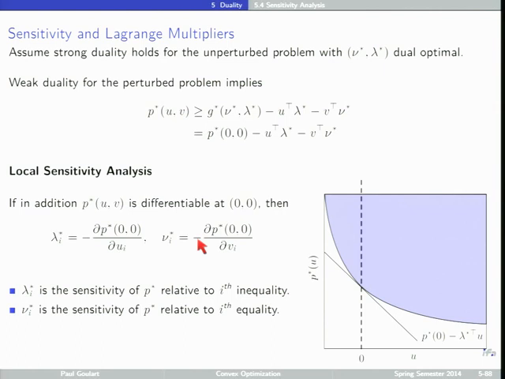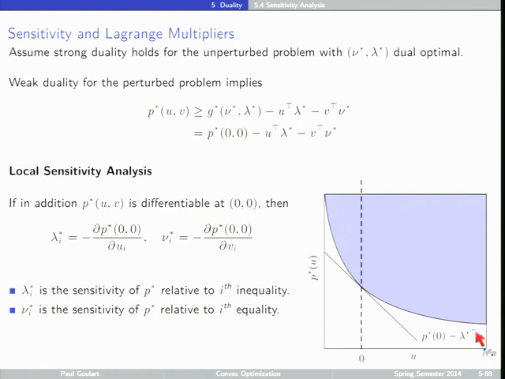Okay, so now if I draw a little figure, I have here U going in this direction, and the optimal value going in that direction. And there's some kind of curve of optimal value as a function of the relaxation or the tightening of the right-hand side. If this happens to be a nice curve, then I differentiate it, and I get locally P star 0 minus the multiplier, which is the slope of the line, times the amount by which I moved it.